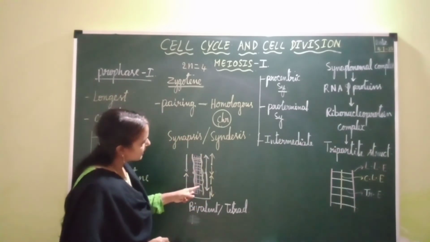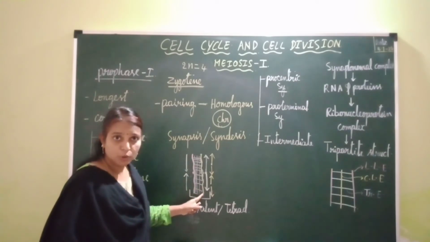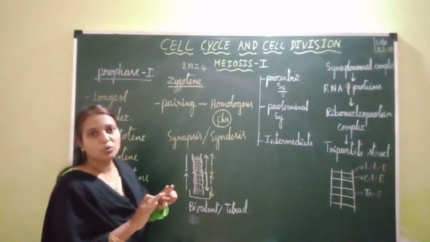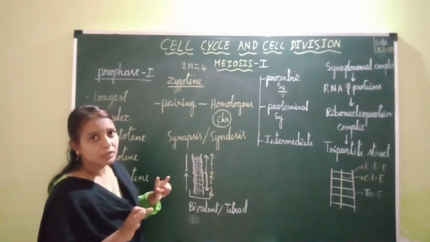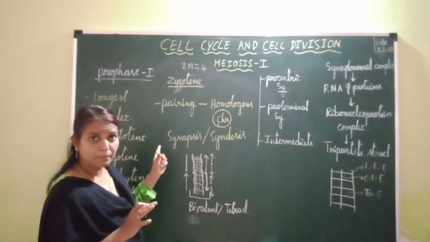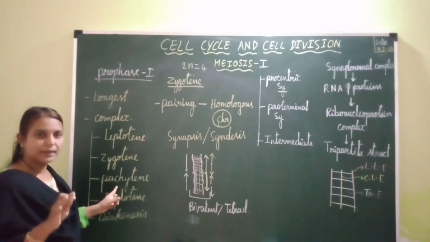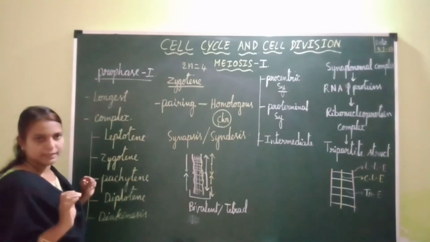It helps in stabilizing this homologous pair of chromosomes until crossing over gets completed, which will be by the end of the pachytene stage. That we will study in the next stage.